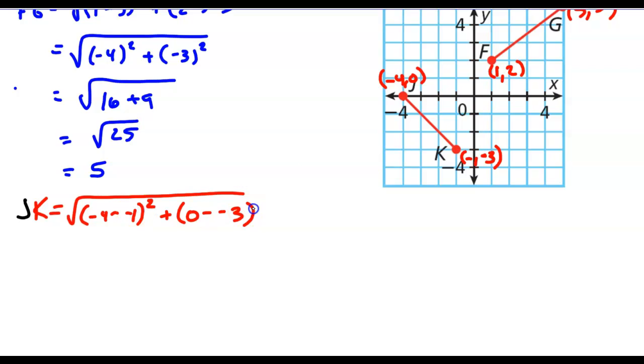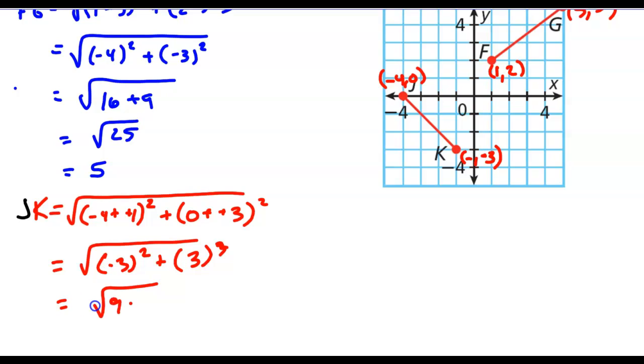Again, notice the double negative. I then square that. The double negative really becomes a positive. So this becomes negative 4 plus 1, which is negative 3, squared, plus 0, double negative is a positive, so 0 plus 3 is 3. So this becomes 9 plus 9, which is the square root of 18.